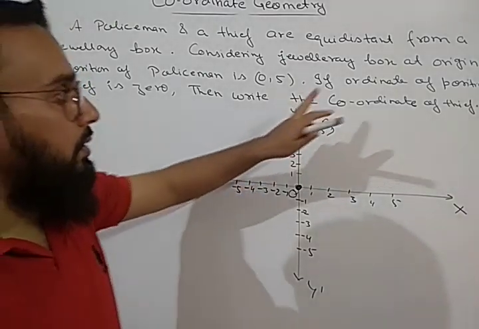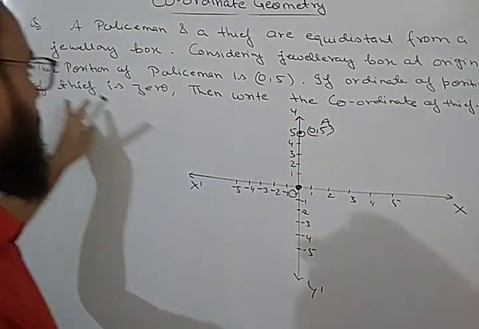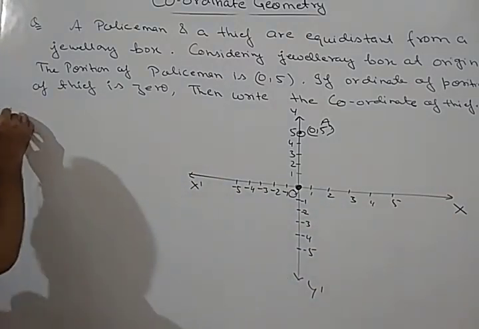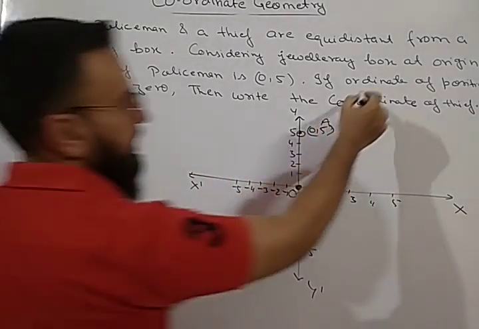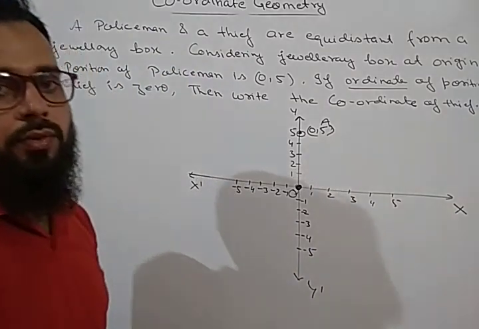Now it is given that the ordinate of the position of the thief is 0. First we have to discuss what ordinate is. Ordinate means the y-coordinate.